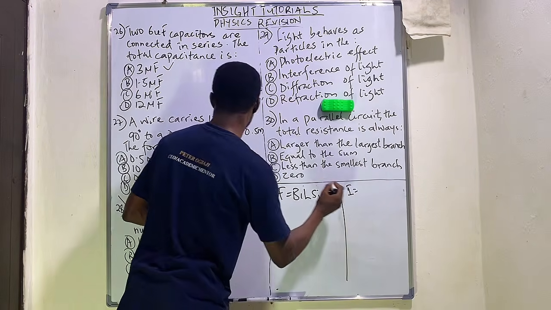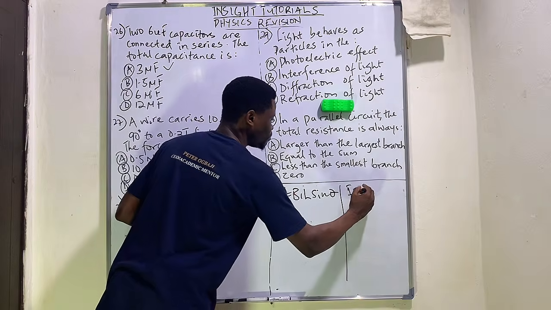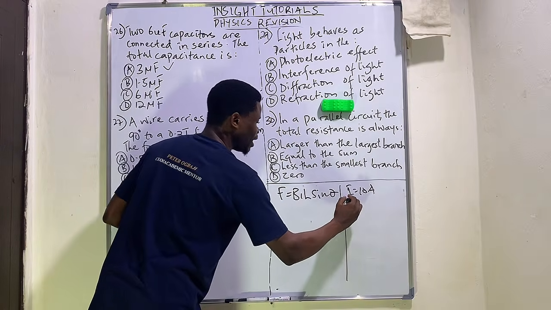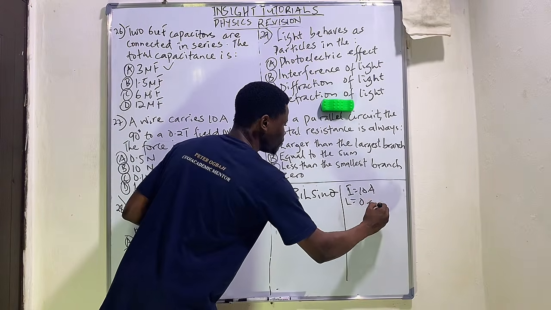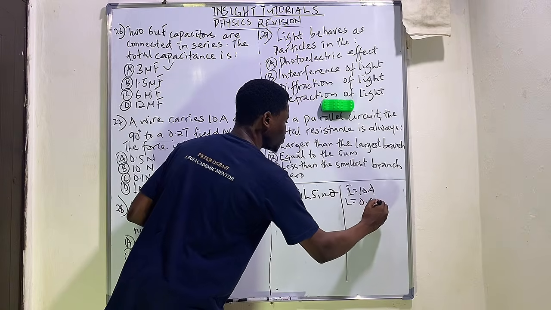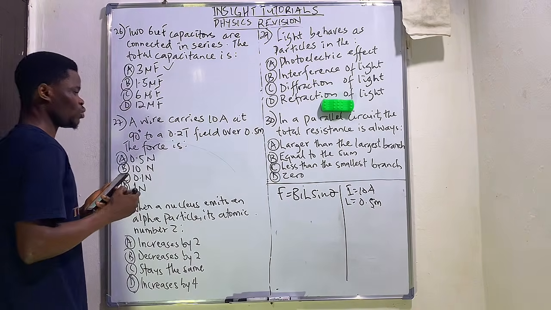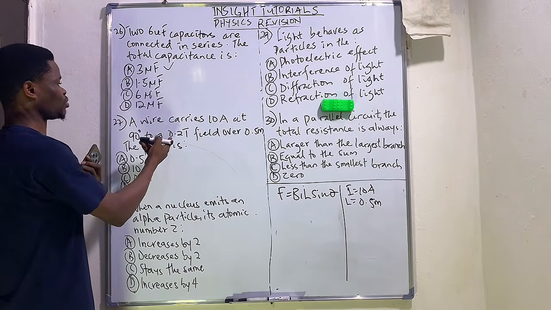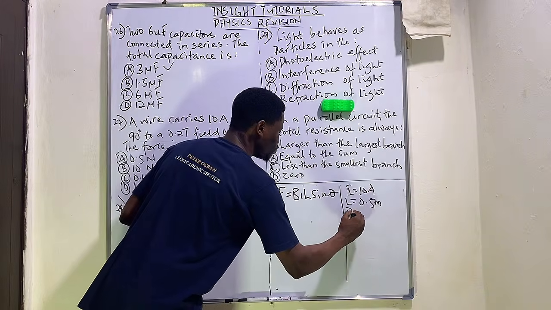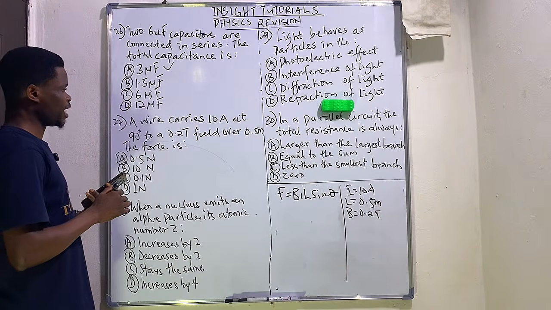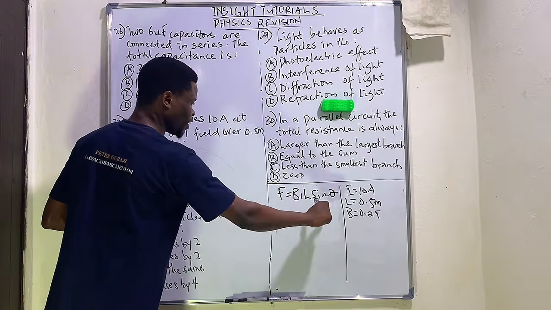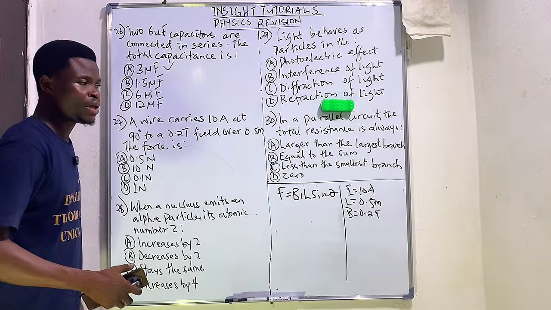Our current is given to us as 10 ampere, our length is 0.5 meter, and then we have our magnetic field strength as 0.2 Tesla.